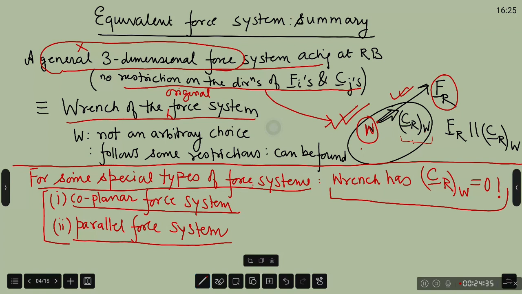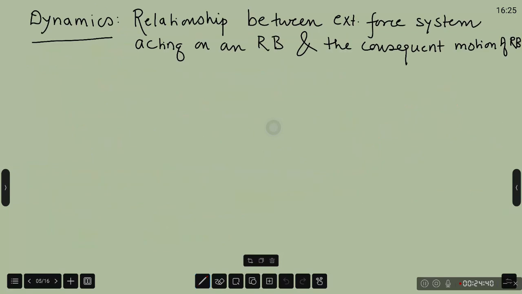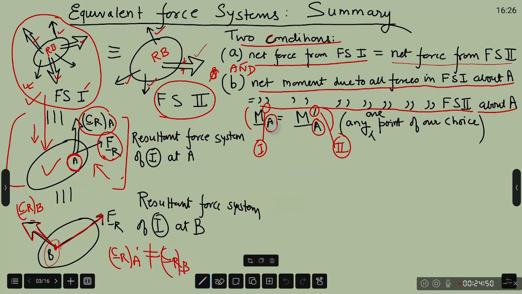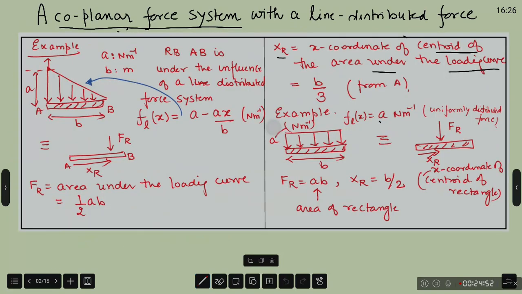All right. Now, what is a coplanar force system? What is a parallel force system? Go back to the notes, watch the video, and see the details there. Since it is a summary, I don't want to go beyond this point, except to say that these two examples with which I started today's lecture are both coplanar force systems. Both are parallel force systems also.